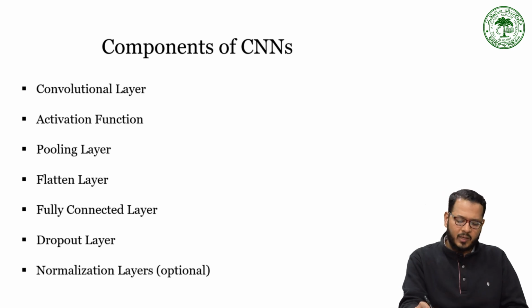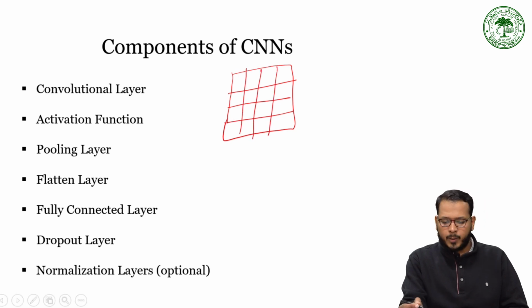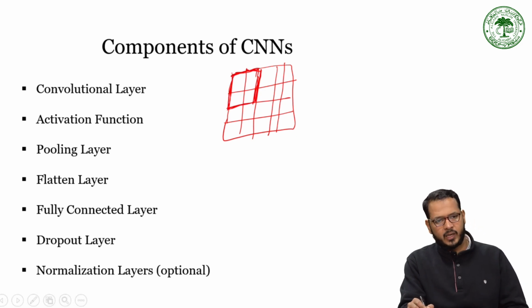So if you have an image like this, which is made up of obviously multiple pixels, then a filter or kernel is usually applied to a set of pixels like this, and it applies the operation on this whole part.